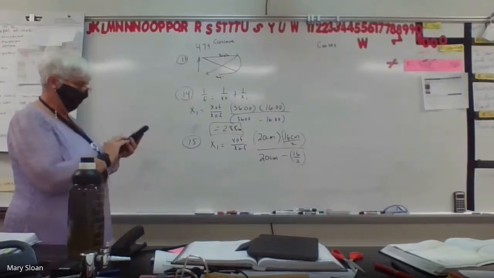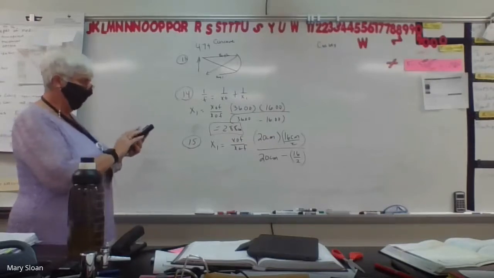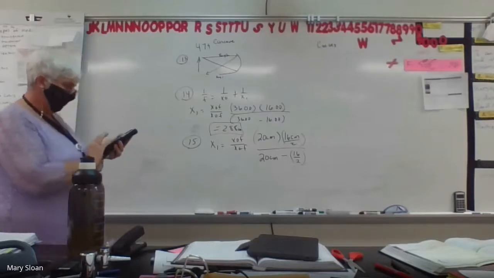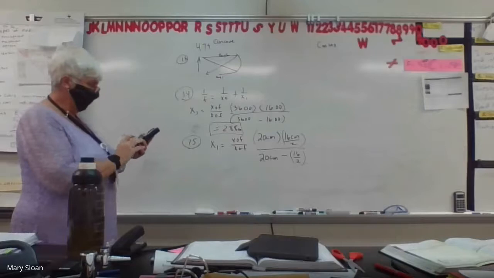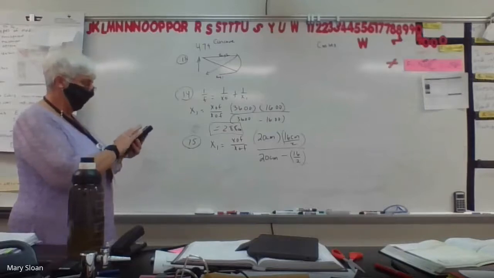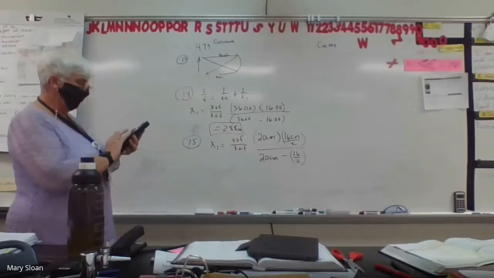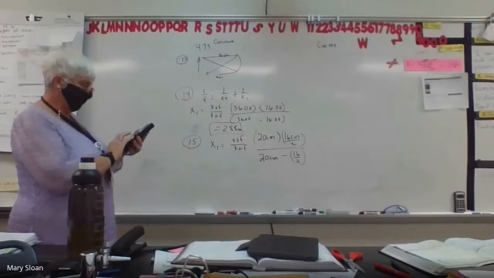Alpha y enter, we have 20, alpha y enter, 16 over 2. Close your bracket, go down, 20, subtract, alpha y enter, and that's going to be open bracket 16 over 2.